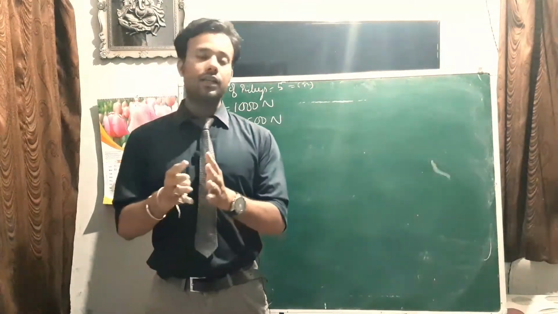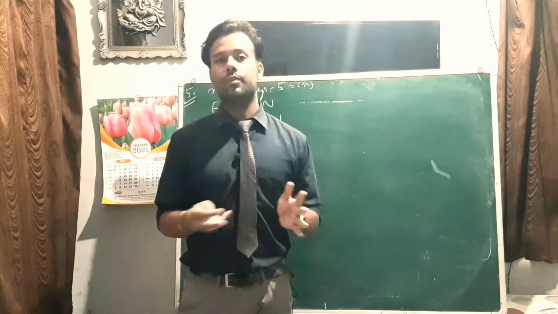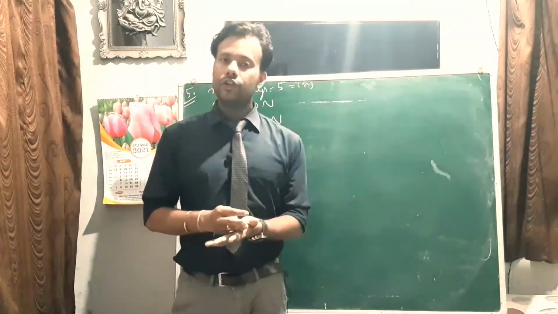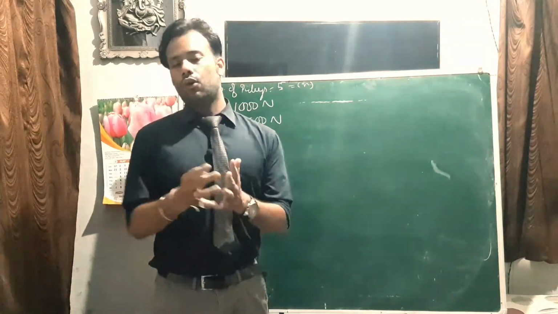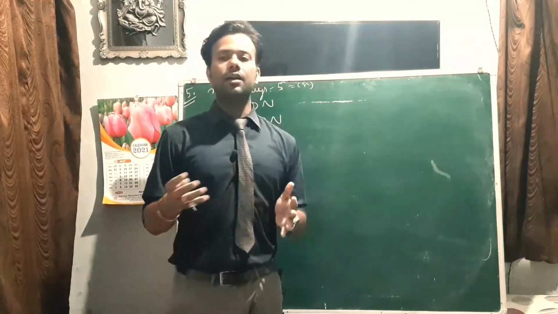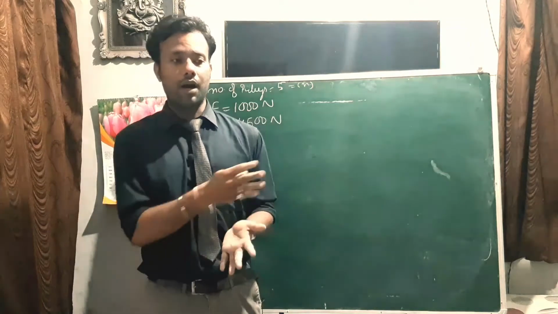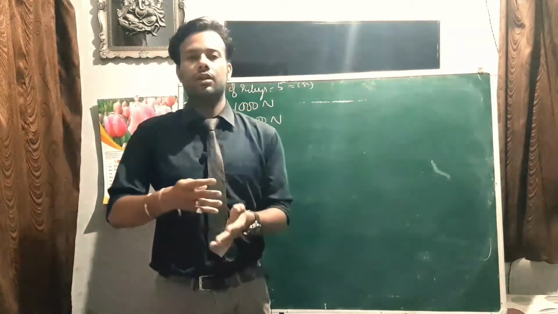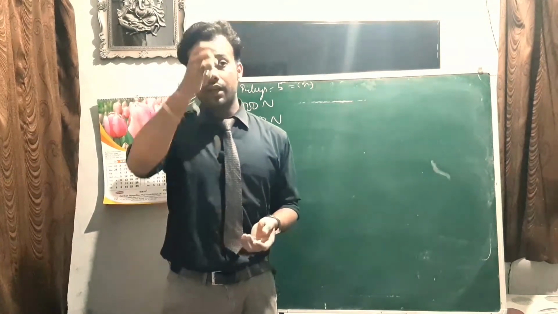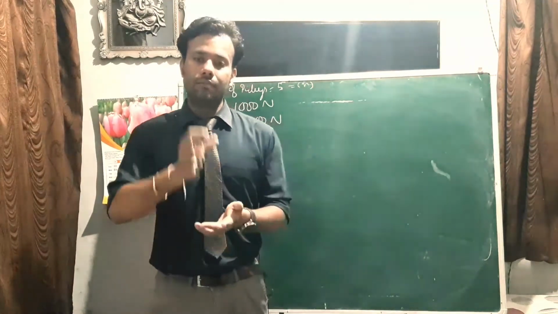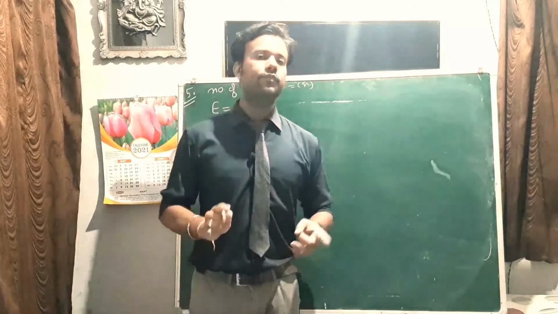But in a practical case, you know that it is not possible. There is always some friction present between the axle and the pulley, and obviously no particle can be massless. If the particle is massless, then it is not a particle, it is energy, right? So a pulley can't be massless, it must have some mass, right?